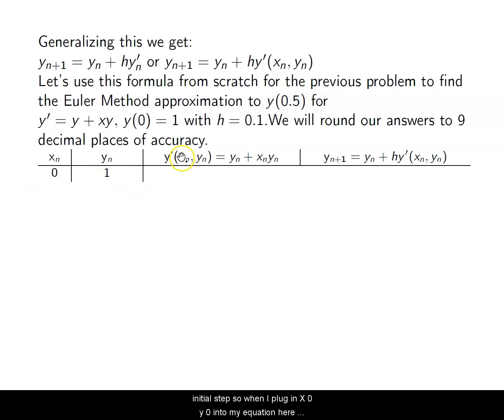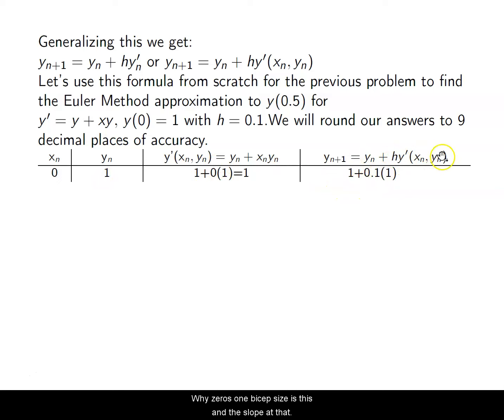So when I plug x0, y0 into my equation to find the slope, it's 1 plus 0 times 1, which we've done already. We know that that's going to be 1. And then I plug this into my formula for y1, because this is x0, y0. In order to get y1, my first approximation, I plug that in here. So yn, or y0, is 1.